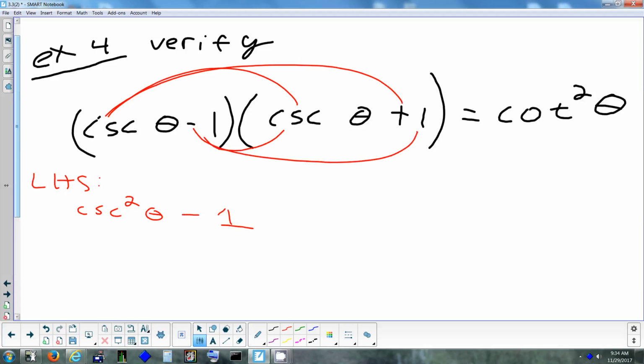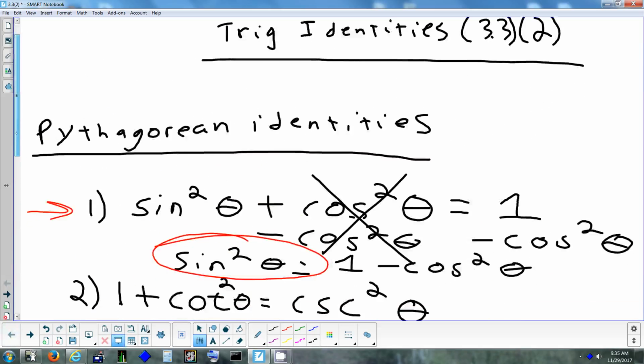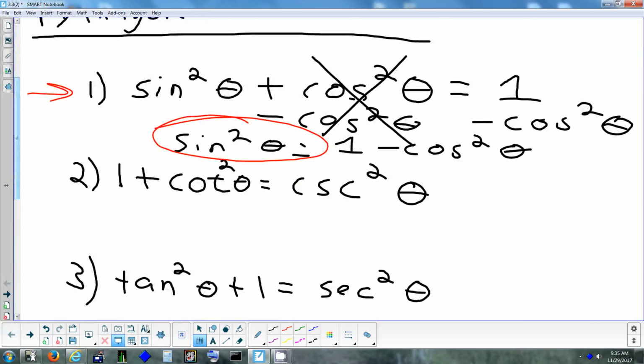And now at this step, you have to recognize that as something we've written earlier. Does anybody see what cosecant squared minus 1 has to do with? Yep. That's the second one. Let's take a look. So if we look at the second Pythagorean identity, that has a cosecant squared and it has a 1. All that this formula does is put it on the other side.